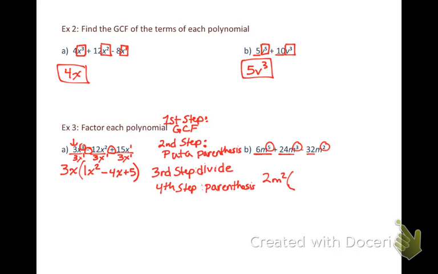Then I'm going to divide each term by 2m squared. So 6 divided by 2 is 3. And then I subtract the exponents, so 5 minus 2 is 3. Then I put a plus sign because the sign is plus. And then 24 divided by 2 is 12. And then I do 3 minus 2 is 1.